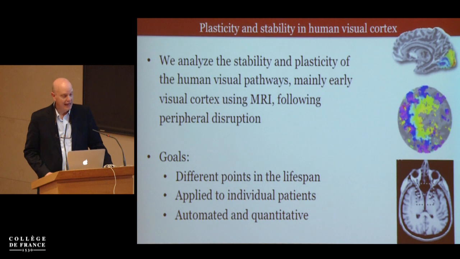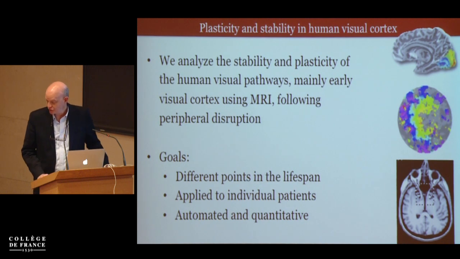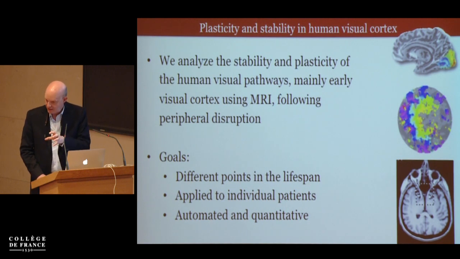The set of stories will all be about the question of stability and plasticity in the human visual pathways. The focus here will be the early parts of the cortical pathways, the optic radiation and primary visual cortex. The reason I became particularly interested when José came to Stanford and spoke to us was the notion of working on the retina, as he does and John does and perhaps others of you, and understanding when things go wrong in the retina, what consequence that has for the rest of the visual system.